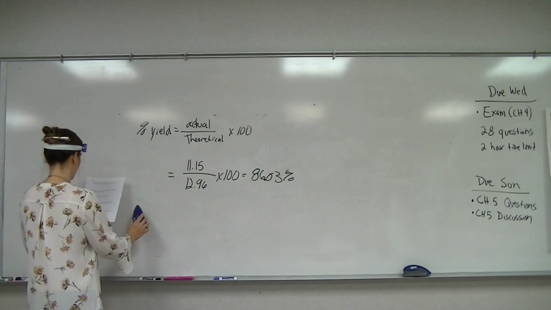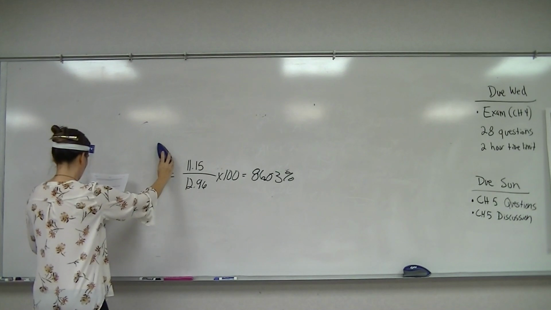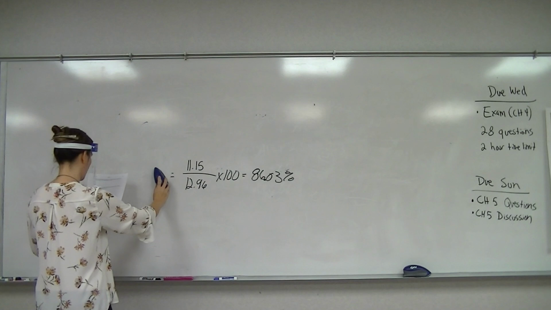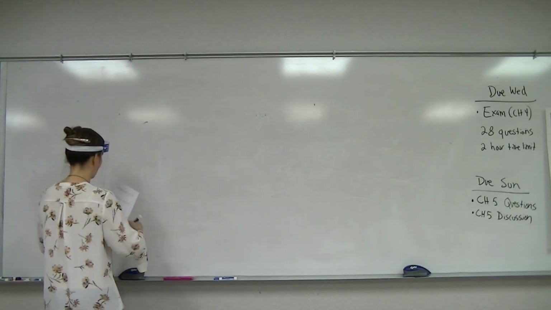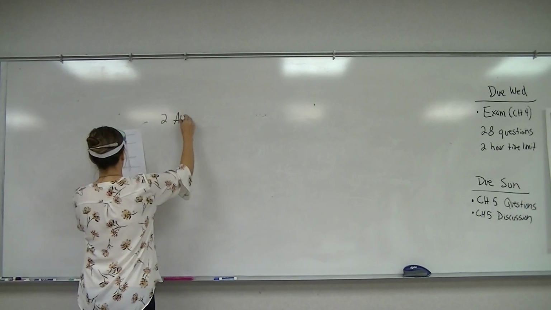The last one, how many grams of silver 1 chloride will be produced when 92 grams of silver nitrate react with an excess of calcium chloride? So let me get this reaction right up here.